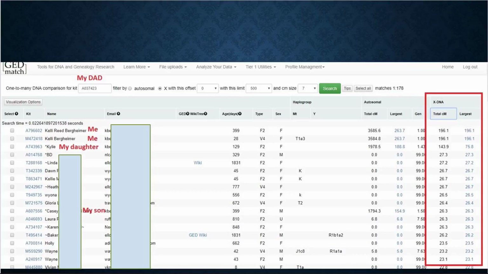So this shows me my second kit, my daughter, and my son. If you look at how the X match lines up, again, I'm a 196 match to my dad, which is what we would expect. That's the full centimorgan X that I got from my dad. My daughter is a 143 match to my dad.